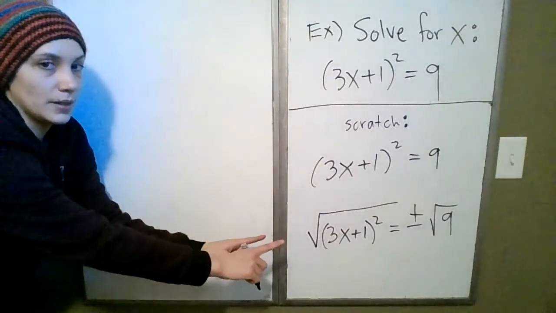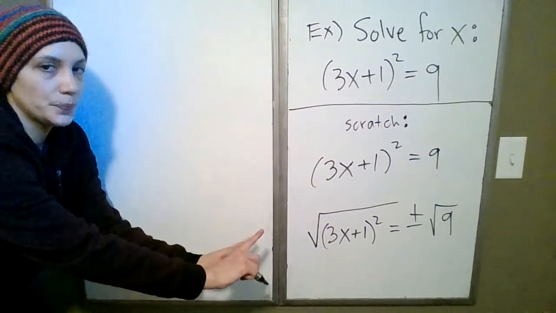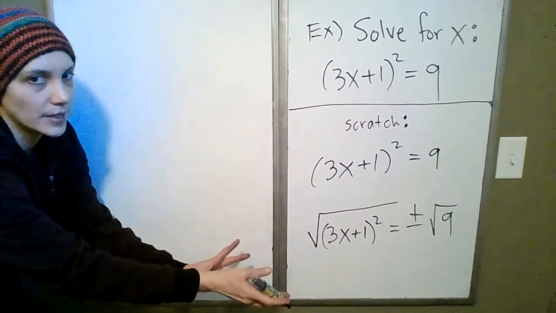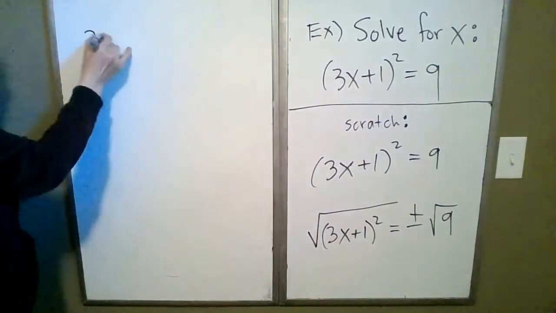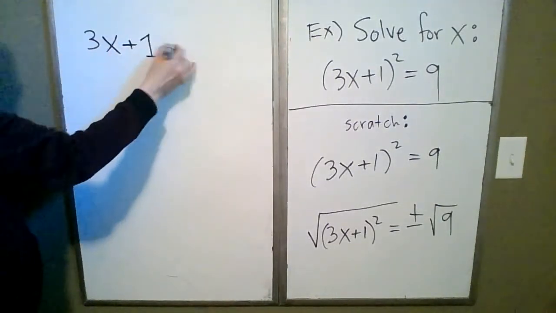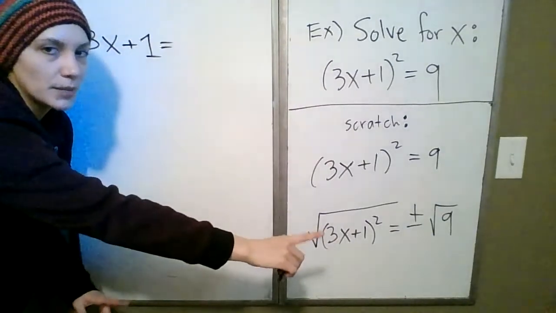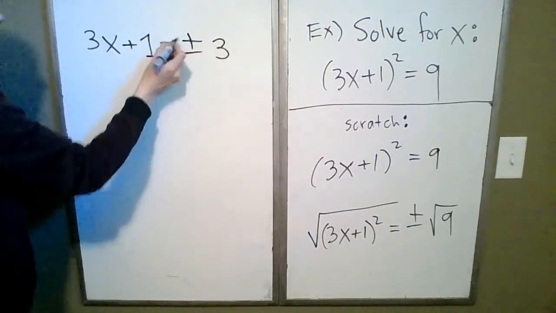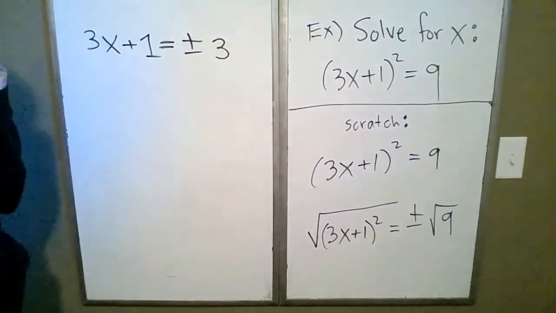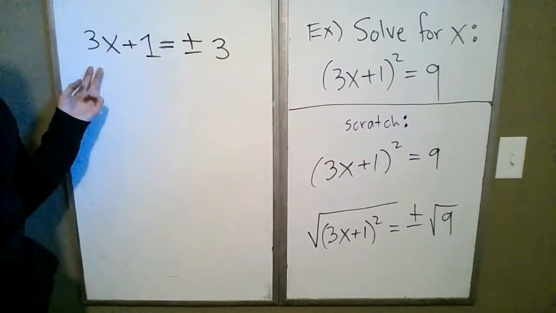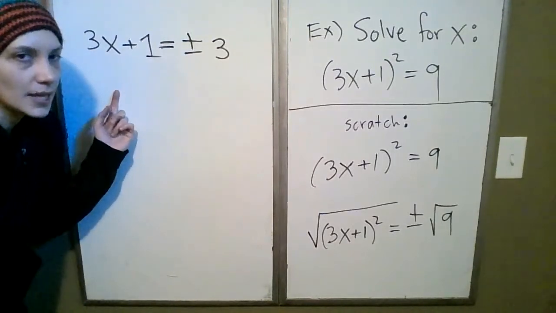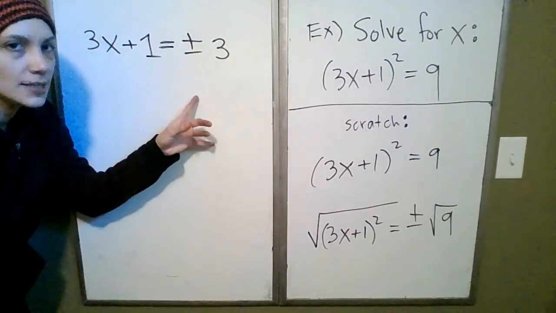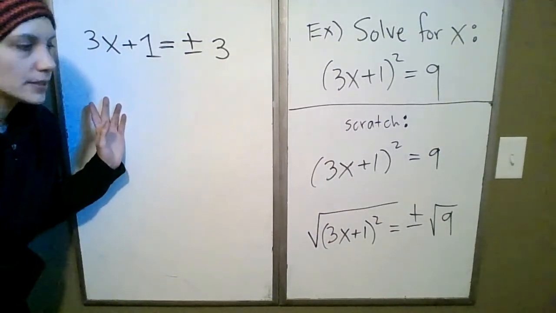Okay, next step. That square root and power 2 are going to leave 3x plus 1. The other side is plus or minus. Okay, I would like to just separate this into 2 equations and then get 2 solutions.